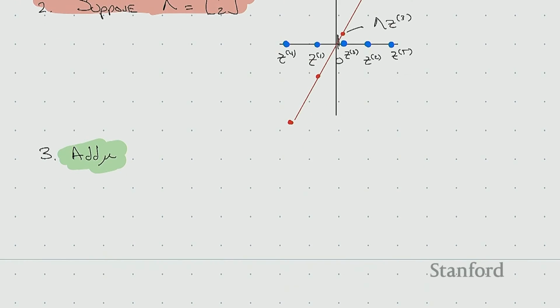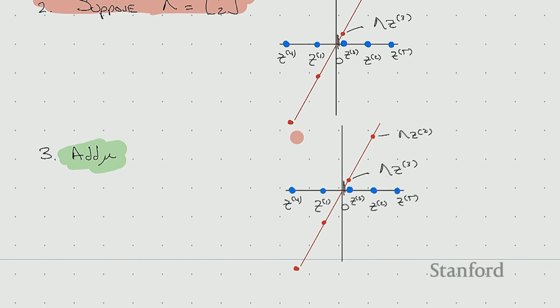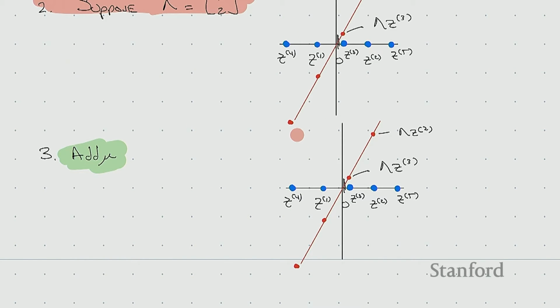Copy, paste. Mu, let's say, is this vector here. This is mu. We add mu to everything, and that translates all our points now by mu.